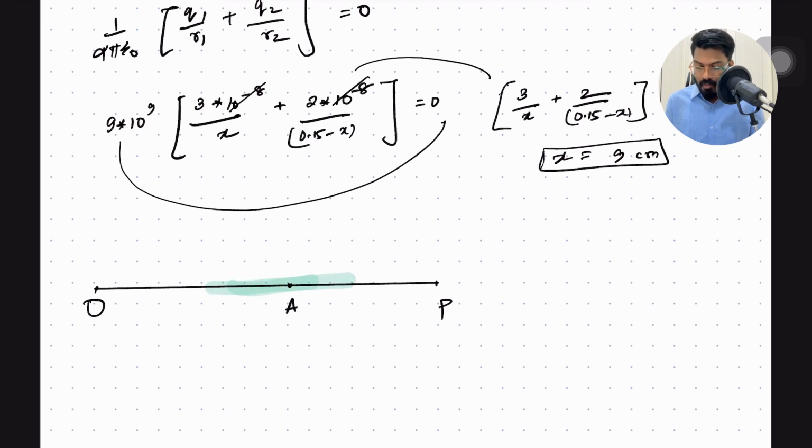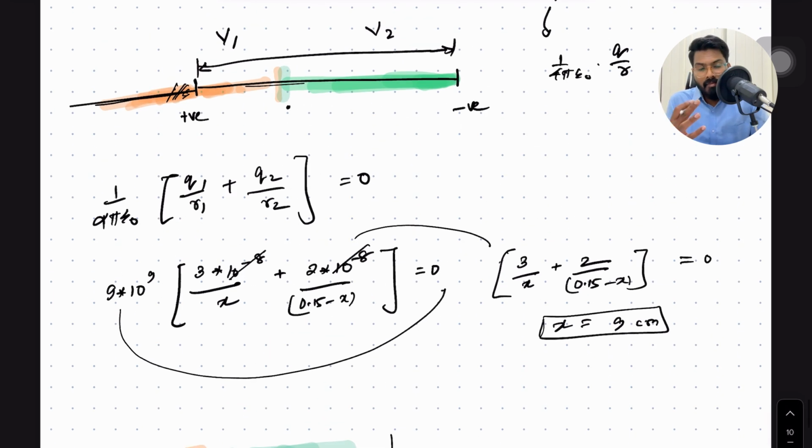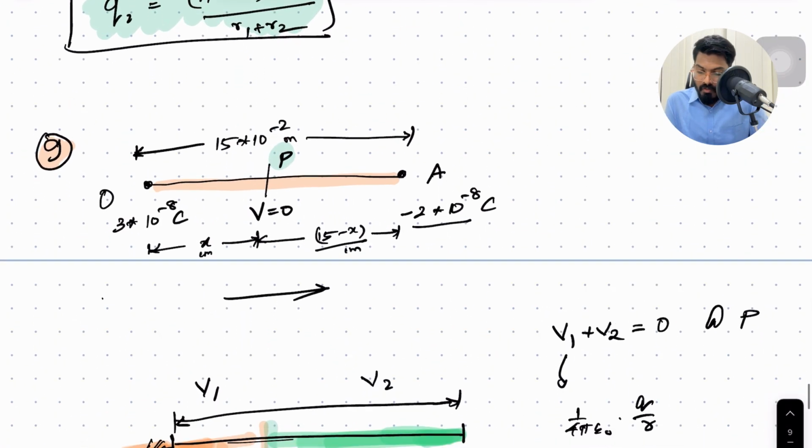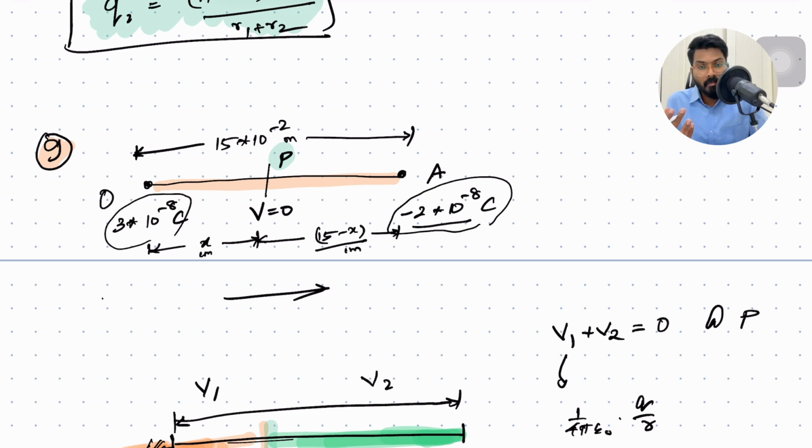The charge would be like this, and at some point this becomes 0. Now why is it not like that on the left side? Because if you look at the charge values, this negative charge is lesser than the positive charge. So on the left side you are going to feel the positive charge.